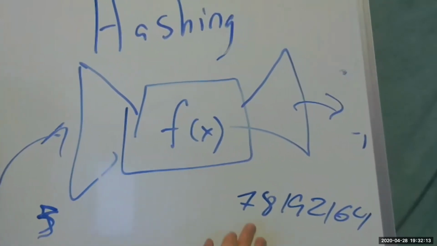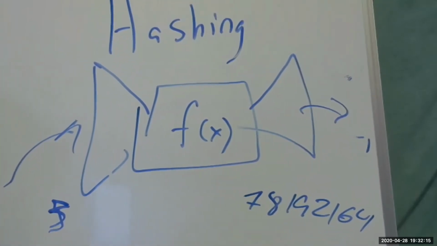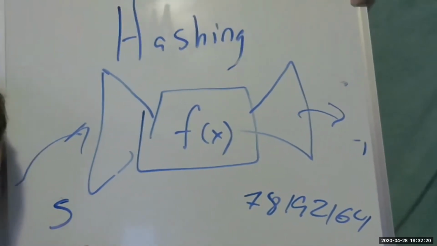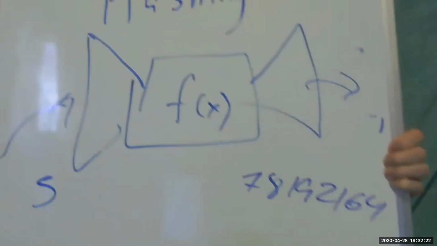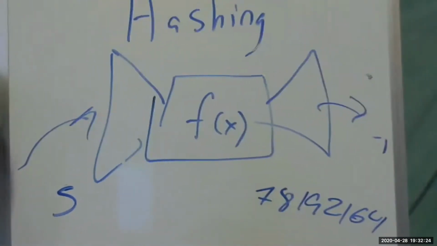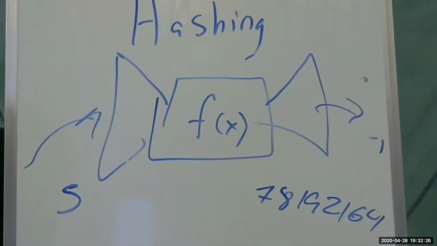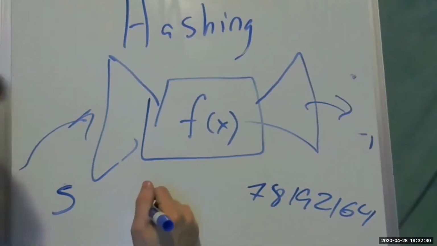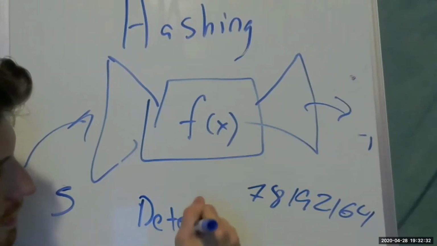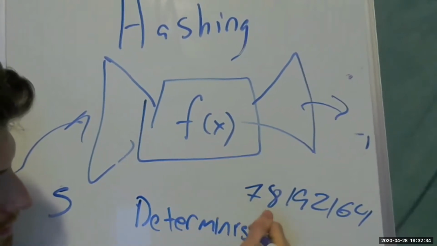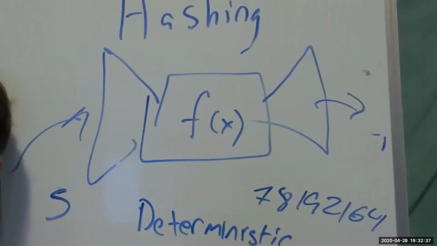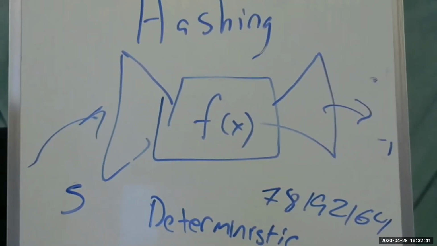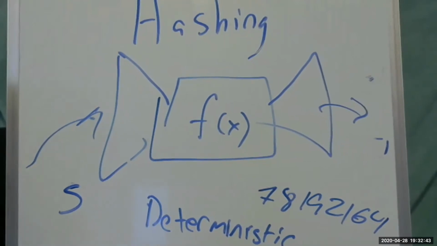The thing that makes a good hashing function, and it works with strings, numbers, anything, is that it's deterministic. So let's write that. Deterministic. What is deterministic? Deterministic means something happens every time. It never changes.